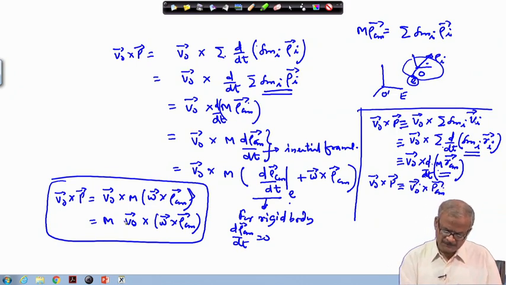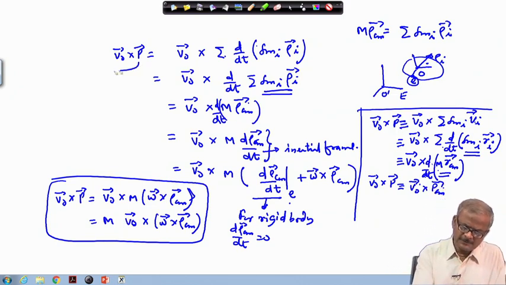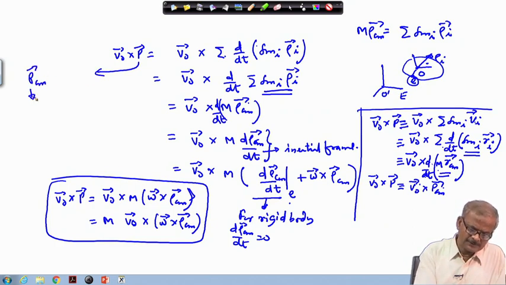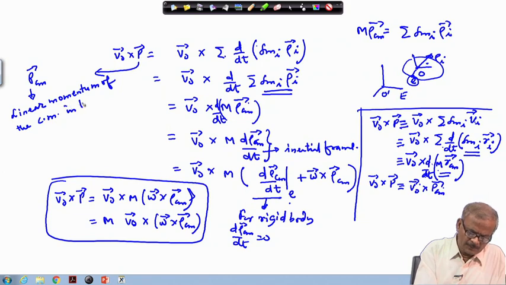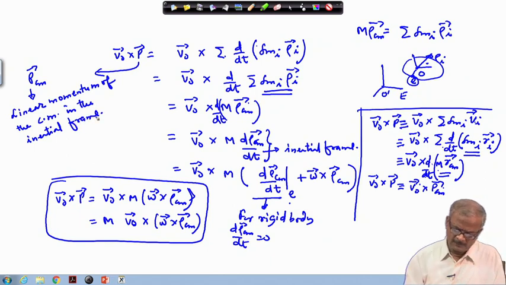So, the P which is appearing here is nothing but P C m, that is the linear momentum of the center of mass in the inertial frame. Okay.